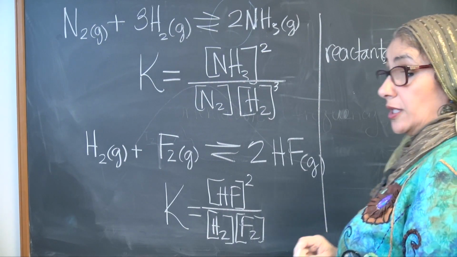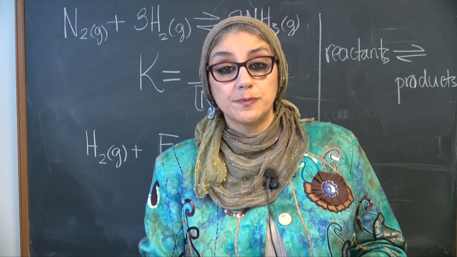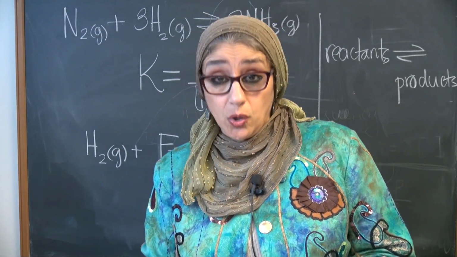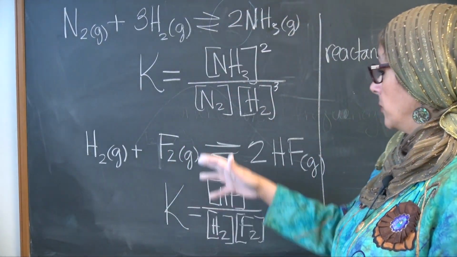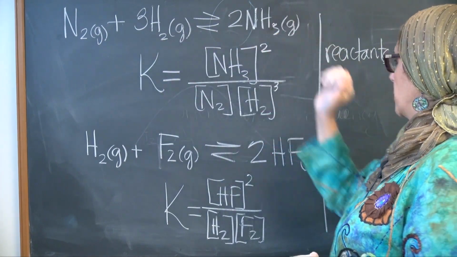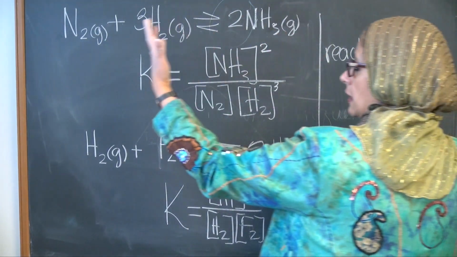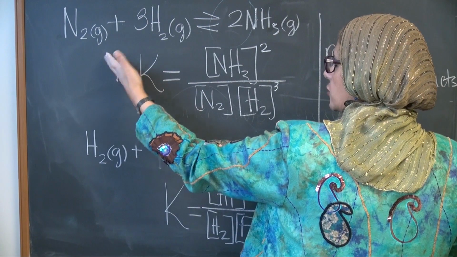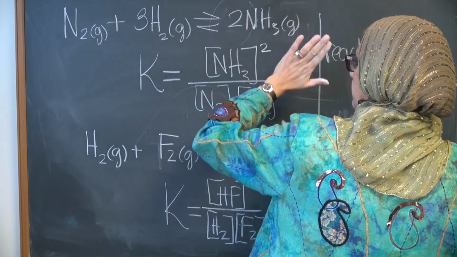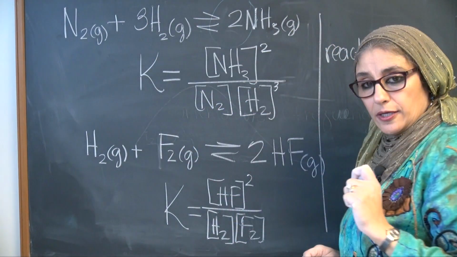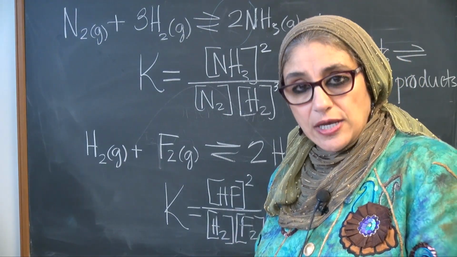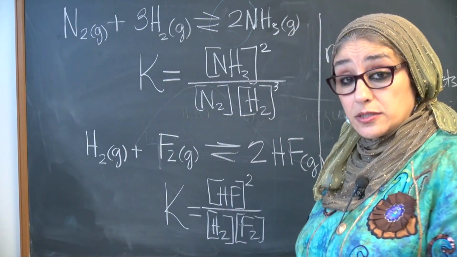So in other words, it's reactants and products with respect to the forward reaction always. So when you write the equilibrium constant expression, focus on the way it's written, and whatever's on the left side of the reaction, these are the reactants. Whatever's on the right side, those are the products, and that's relative to how you write the equilibrium constant expression.